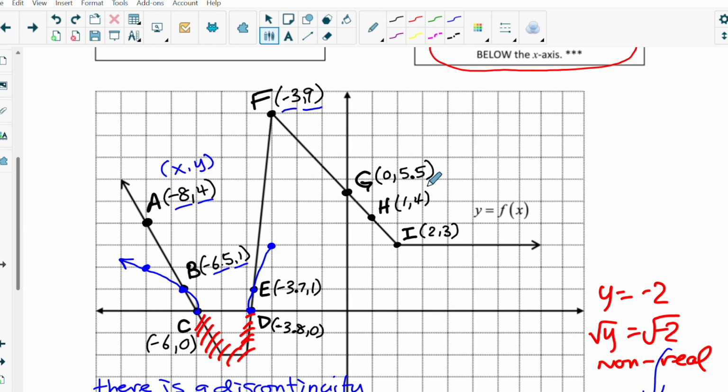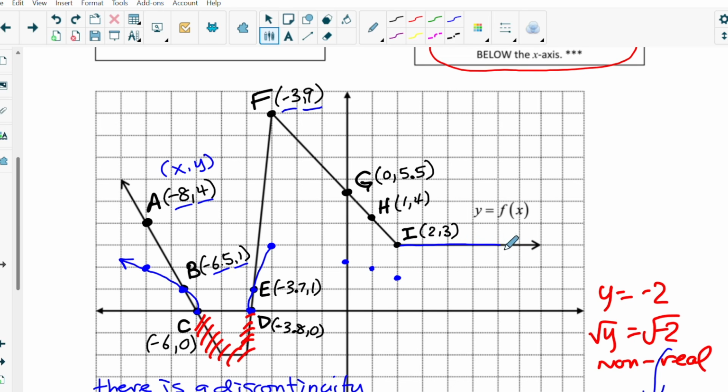All right. Point G, 0, 5.5. We said the square root of 5.5 is 2.3, so it's 0, 2.3, right about there. 1, 4, 1, 2. 2, 3, 2, square root of 3. So 2, 1.7, roughly, right about there.